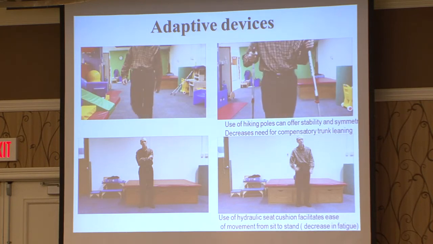And the second video is going to show you how the hydraulic seat cushion really facilitates the lift off from sit to stand. So pay attention to that, and that he's putting less stress on his trunk muscles. So here is the patient now sitting down, and as he gets up, there's less use of trunk extension. I think there are exercise guidelines, but the main idea is to use submaximal aerobic exercise.